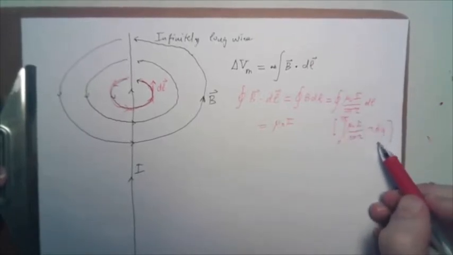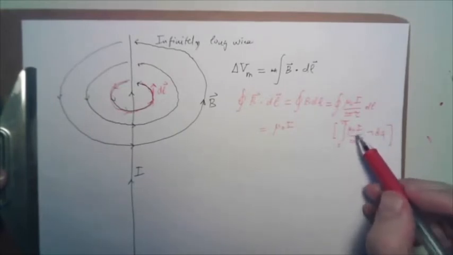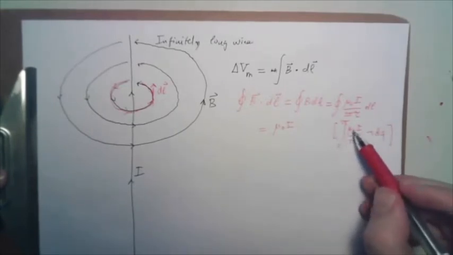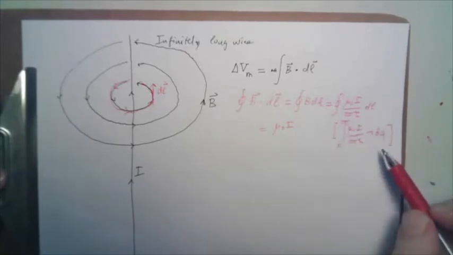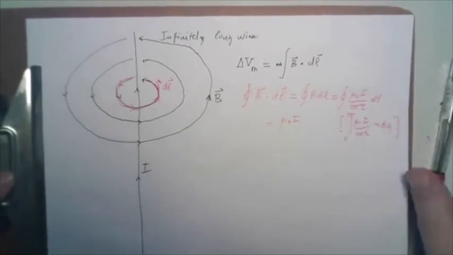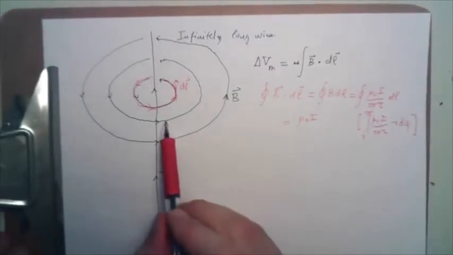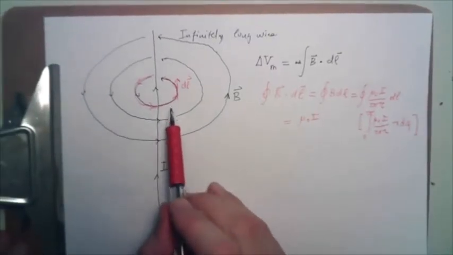You'll see that this r and this r cancel, and the mu naught I over 2 pi you can pull out of your integral. All you're left with is an integral over d phi from 0 to 2 pi, and that's again the world's most simple integral. It's just 2 pi. So you get mu naught times I. Done.